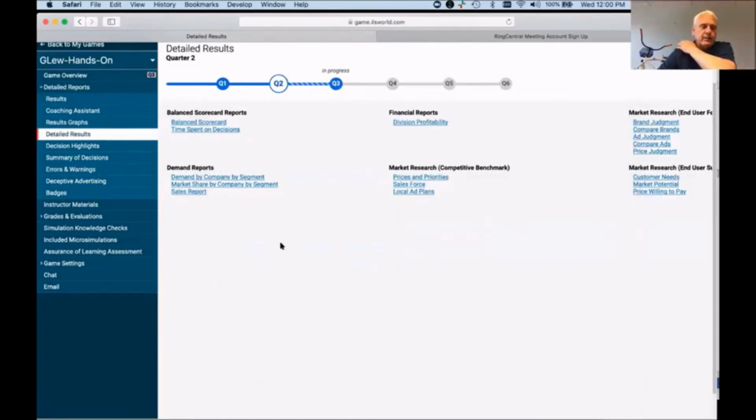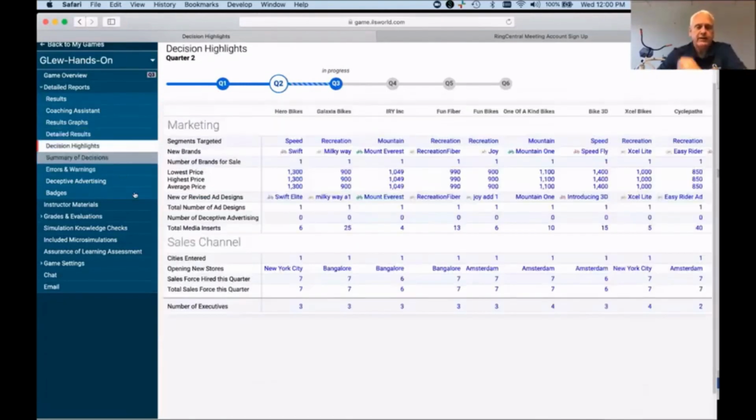And if I were to look at the decision highlights for Q2, what this is very handy from a coaching point of view is that I can get a sense of where every team is, what their priorities are, the names of their brands and the price that they charged and their advertising.